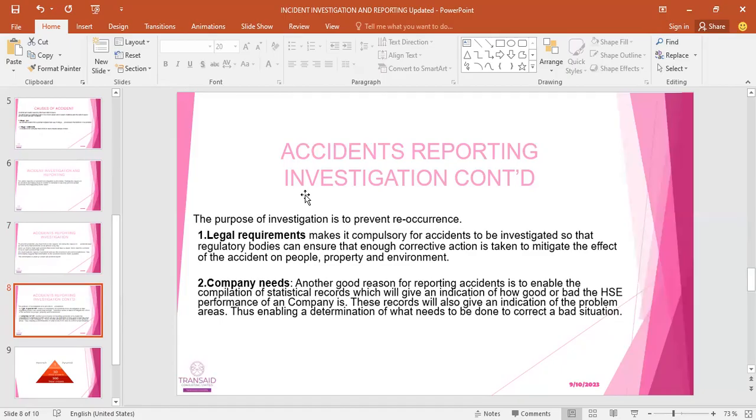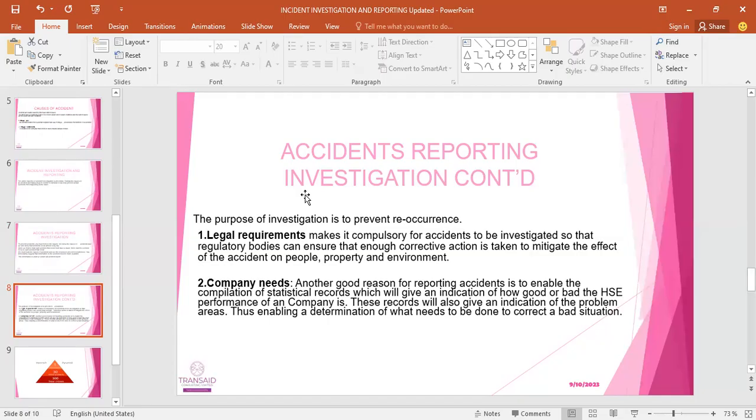Company needs. Another good reason for reporting accidents is to enable the compilation of statistical records, which will give an indication of how good or bad the HSE performance of a company is. It will make you know whether the safety interventions and safety standards that are in place are indeed effective or whether they need improvement.